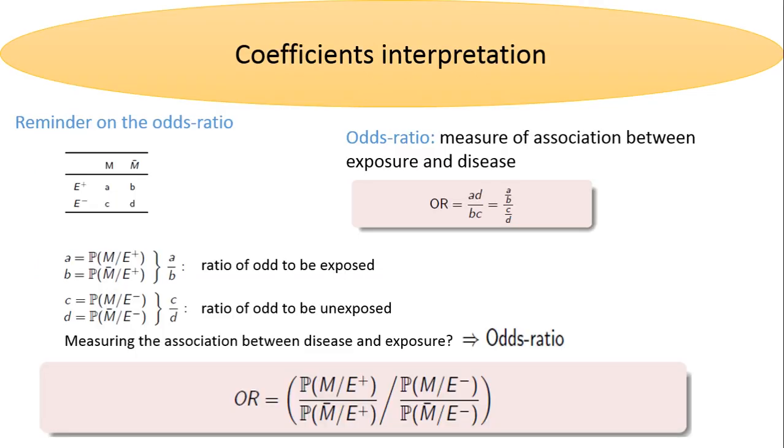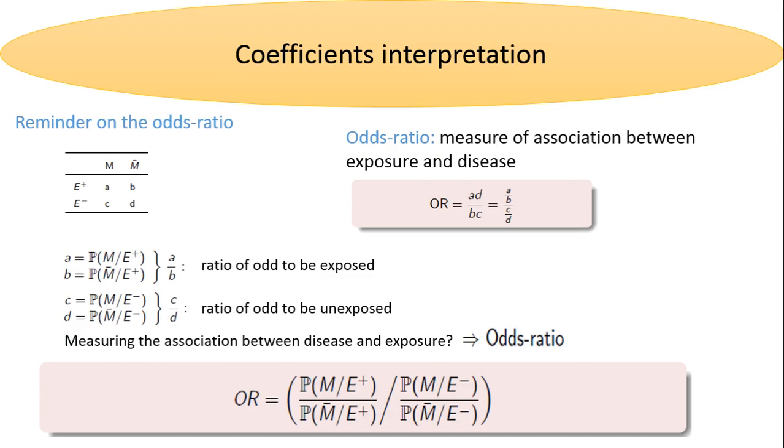So also, to interpret our coefficient, I remind you of a notion about the odds ratio that you can find in my previous tutorial. The odds ratio is defined as a measure of association between exposure to the disease and the disease itself. The odds ratio is the ratio of odds.